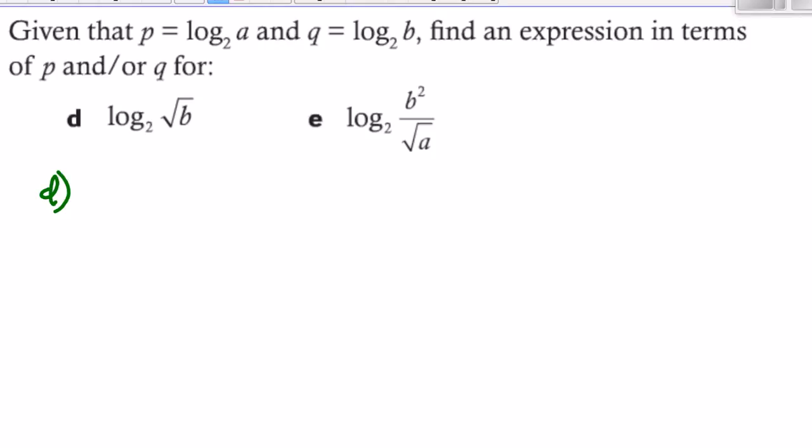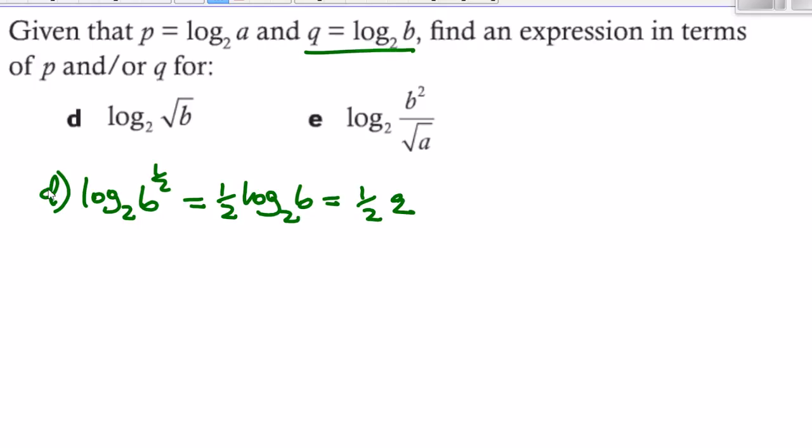D, you have log to base 2 of B to the power a half, which will be a half log to base 2 of B, and that will be a half Q, because Q is log to base 2 of B.